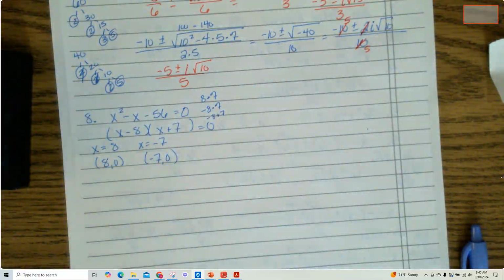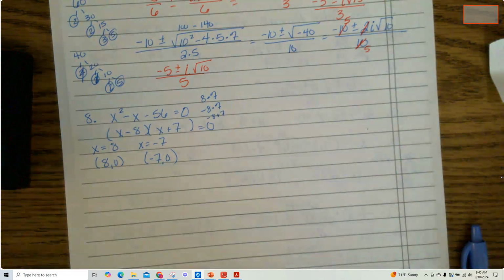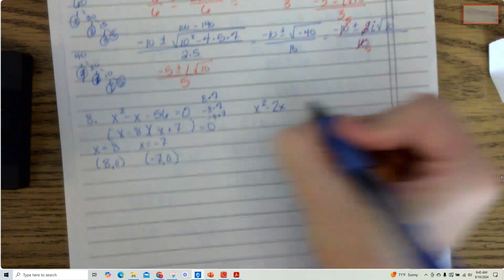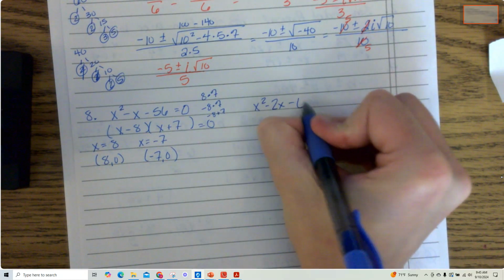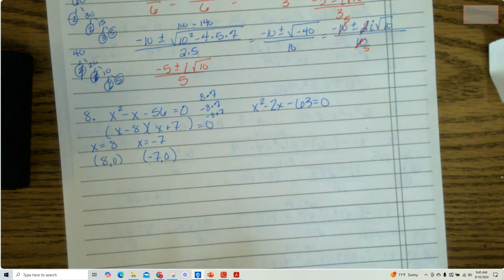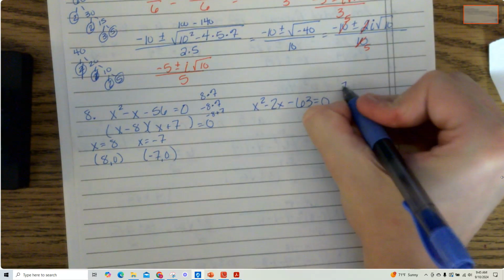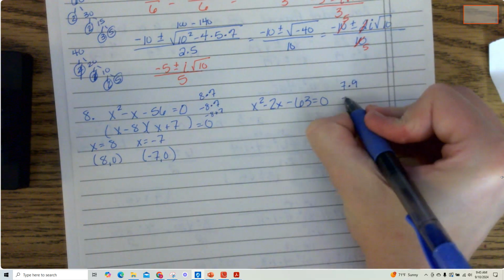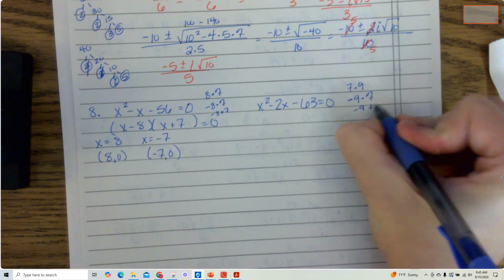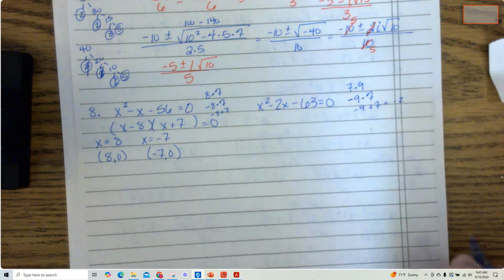Okay. Any other ones on number 8 you want me to go through? X squared minus 2x minus 63 equals 0. So what is that? 7 times 9? Which means it's got to be a negative 9, because negative 9 plus 7 gives you the negative 2.